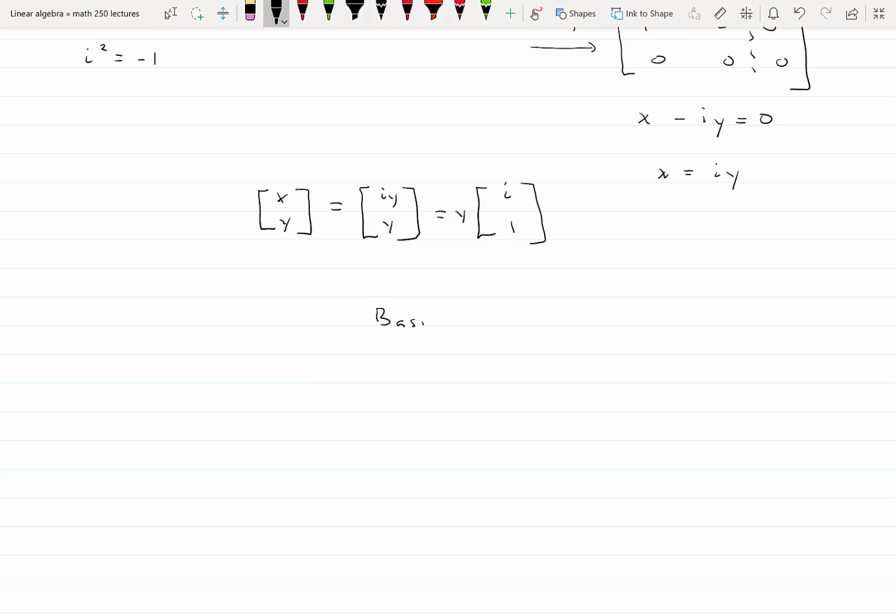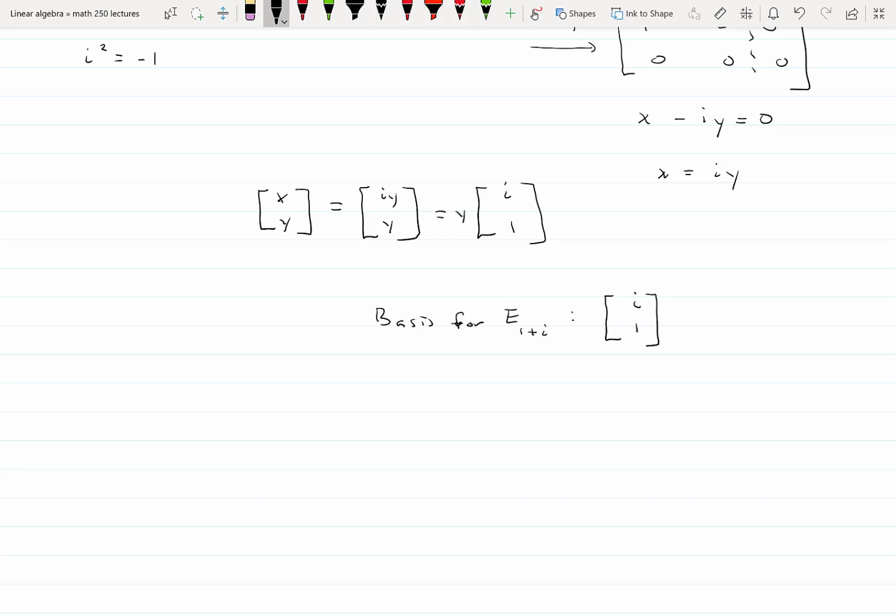So a basis for the eigenspace corresponding to the eigenvalue 1 plus i, E sub 1 plus i, is (i, 1). We have linear independence because we have one non-zero vector.